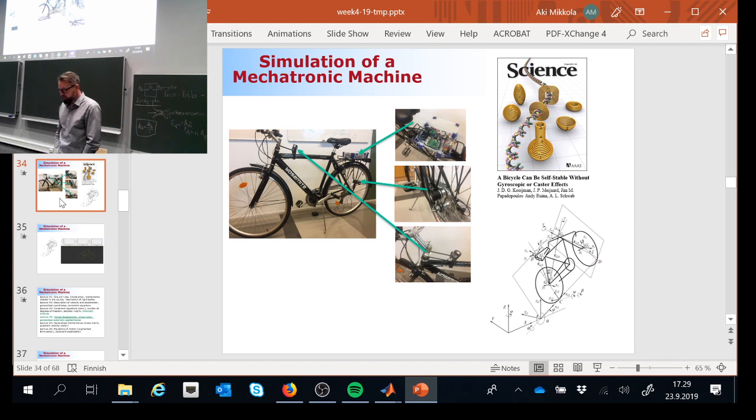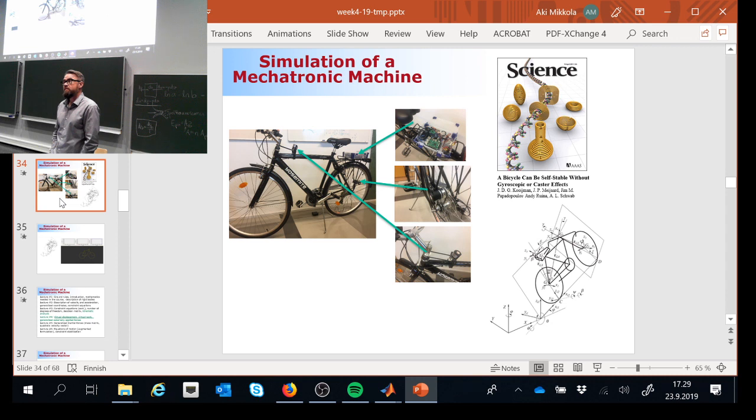In order to create the equations of motion for a bicycle, we need to take a look at how many degrees of freedom the bicycle has. And this, by the way, is an interesting study, because it's not at all clear what makes a bicycle stable.